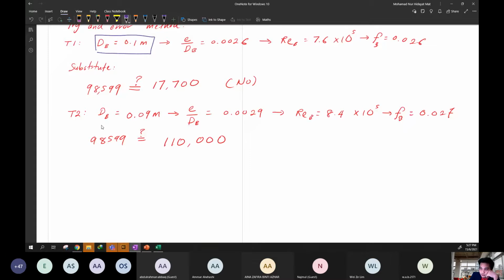When you try to substitute this value, it is almost close, right? This is 98,000. This is 110,000. So in fact, the value of 0.09 meter is only slightly too small. Consequently, to be safe, we must select the next larger pipe size, 0.1 meter.